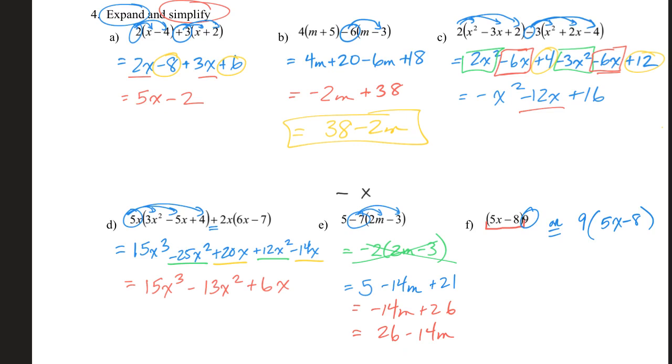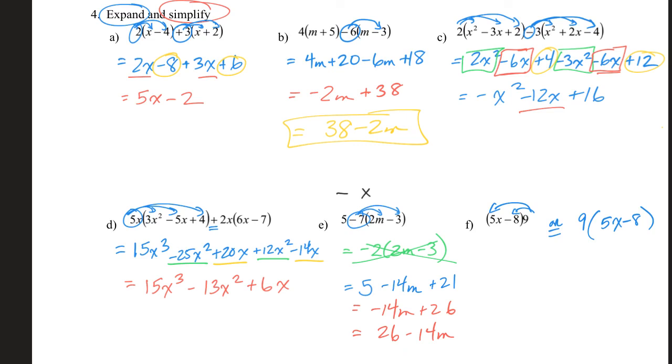No. So when I give you that big, ugly, and I'm being sarcastic, expression in F, and we see that multiply by 9 on the end, you can just expand brackets. There's no rule that says you always expand to the right.